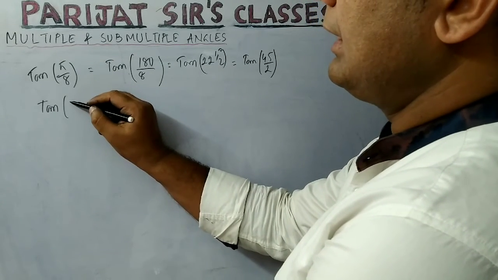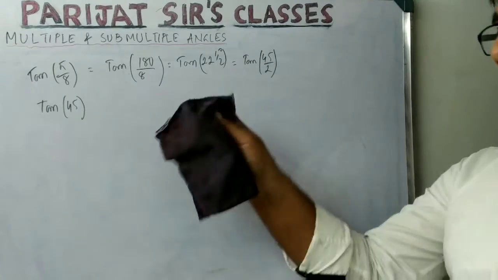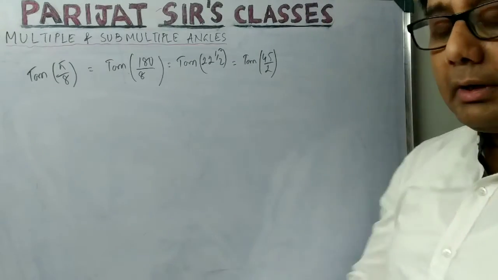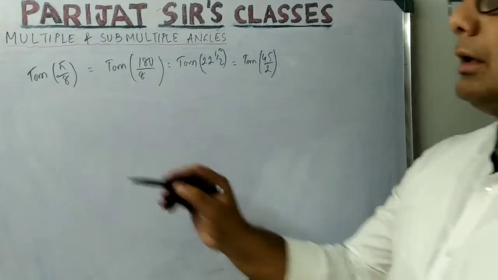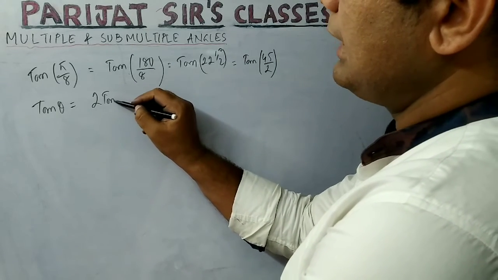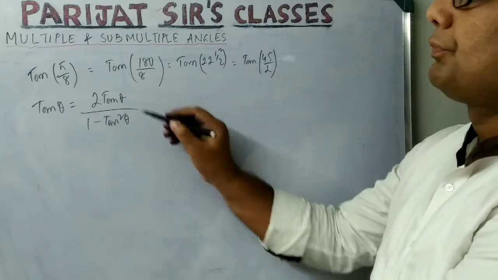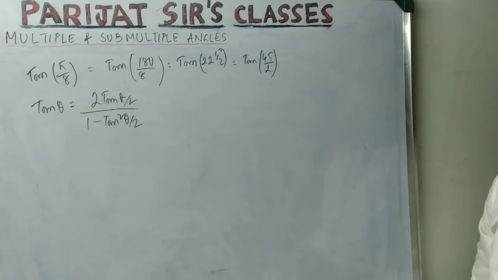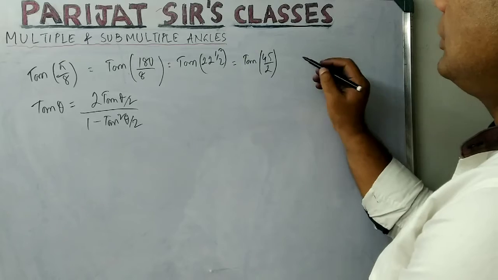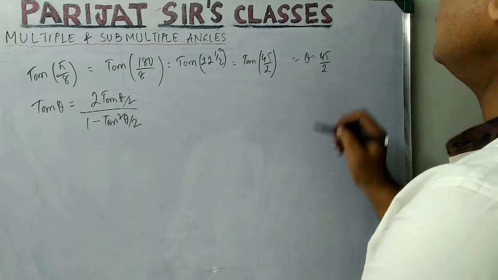Let's see how to apply this formula. We want tan 45 by 2. Now we know tan theta is 2 tan (theta by 2) by (1 minus tan square (theta by 2)).